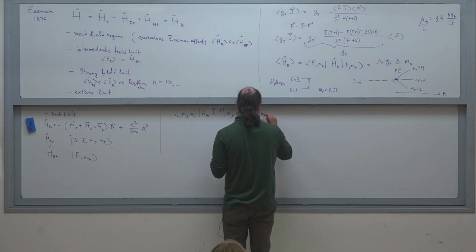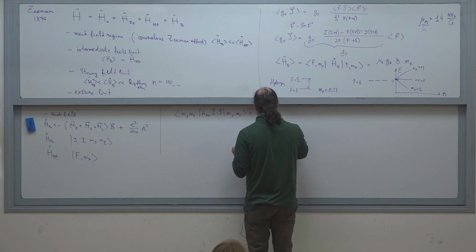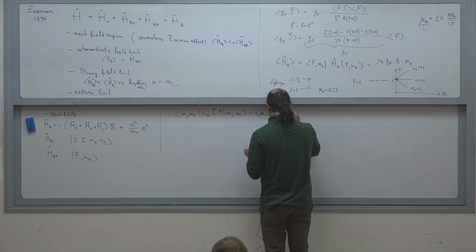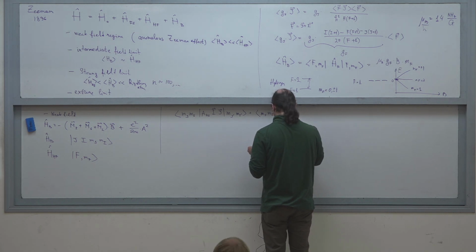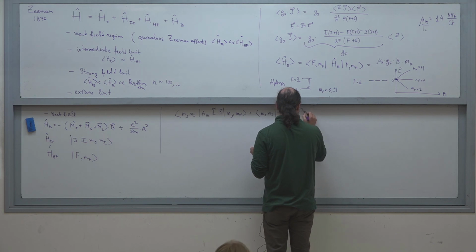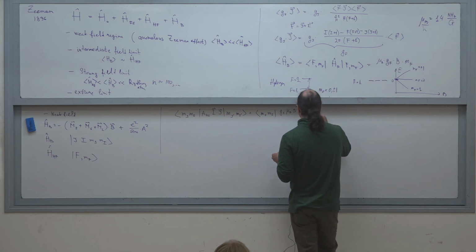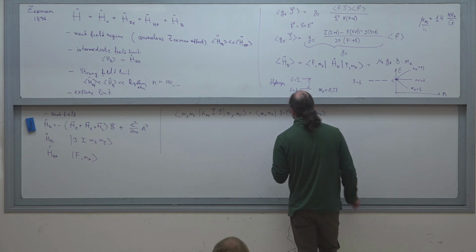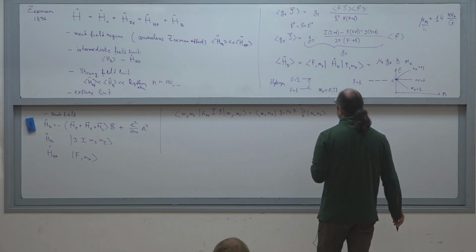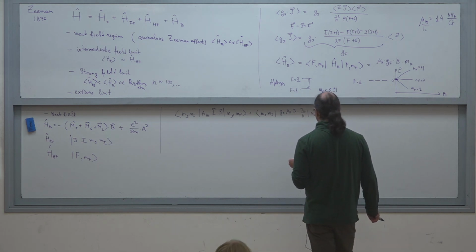The Zeeman operator is <M_J, M_I| g_J μ_B B_0 J_z/ħ |M_J, M_I> as well. One works well, the second one is not very good.